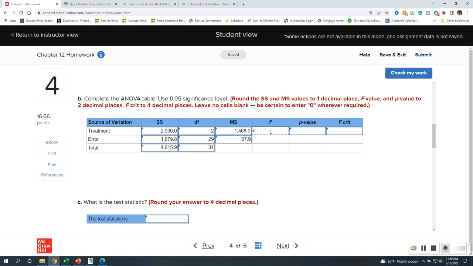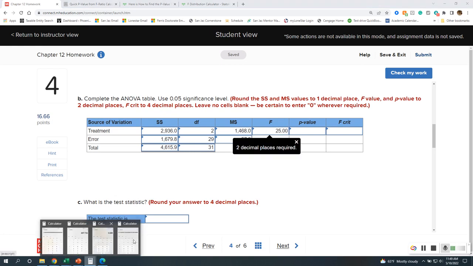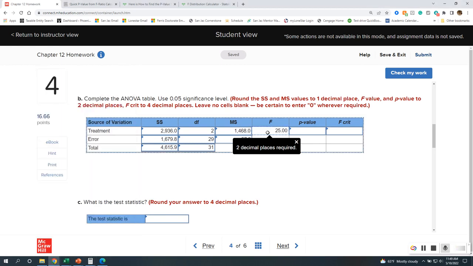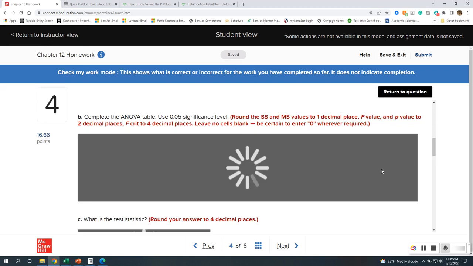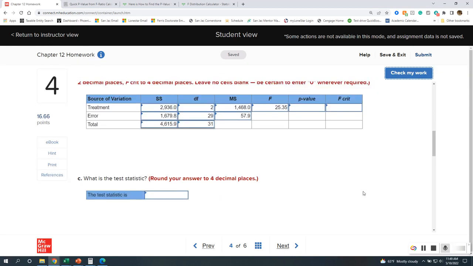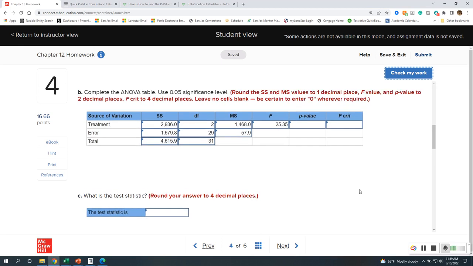No. Okay. Two decimals, so 25.35. Okay. Check. There we go. Now we go on to compute the p-value.